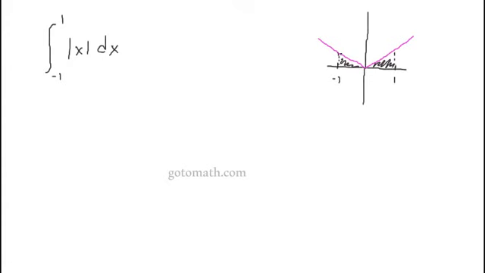We're going to have to break this up into two separate integrals, going from -1 to 0 and then from 0 to 1. If I were to write this out as a piecewise defined function, we would say that's supposed to be the absolute value of x, and that's supposed to be a curly bracket anyway. x is less than 0.